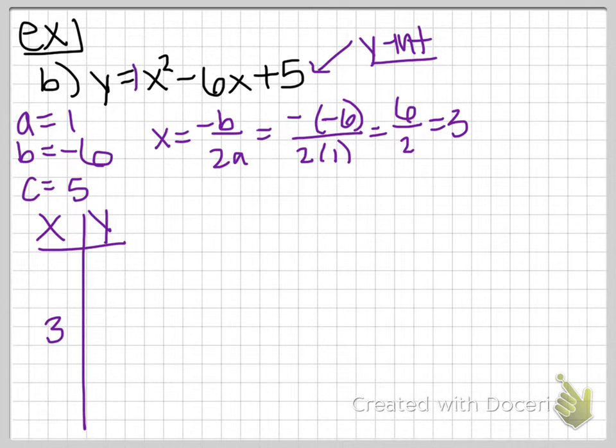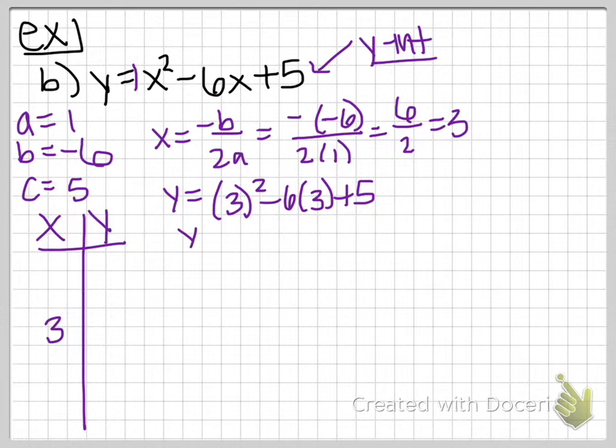Now I need to take that 3 and plug it in. So I'm going to do 3 squared minus 6 times 3 plus 5. You are welcome to use a calculator to make that part go faster. So 9 minus 18 plus 5, which will be negative 9 plus 5, which is going to equal negative 4.